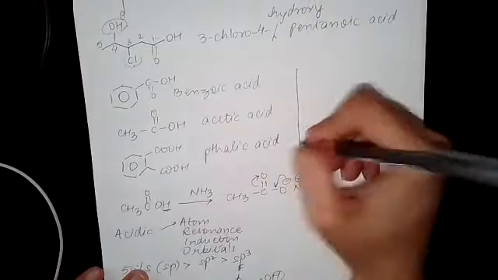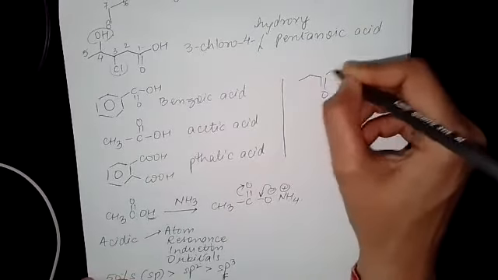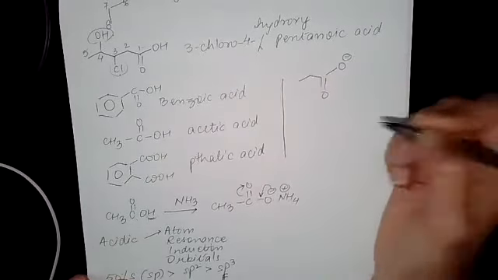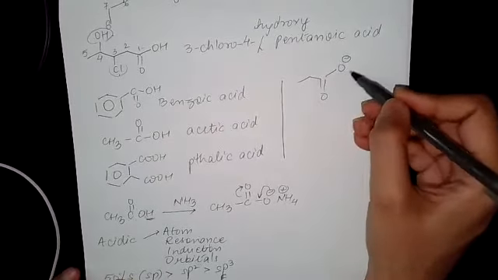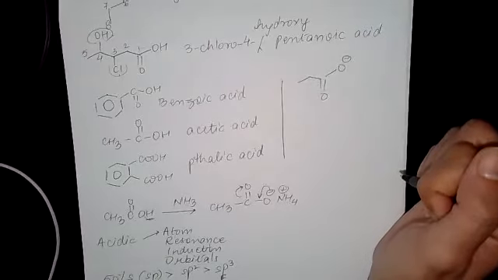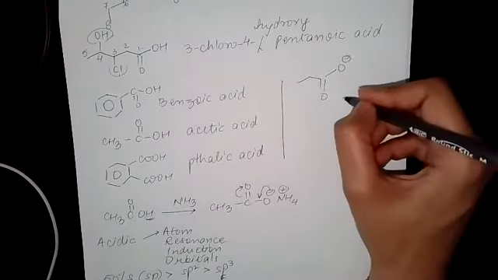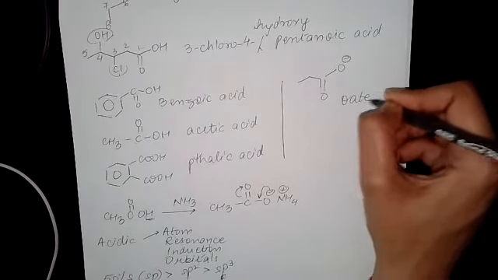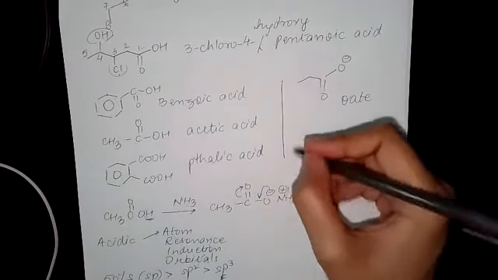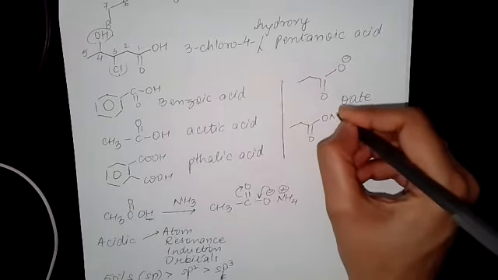While we're talking about nomenclature, I just wanted to point out that sometimes you will see a molecule like this, where the hydrogen is missing. These are known with ate. So instead of calling them oic acid, their names end with ate.